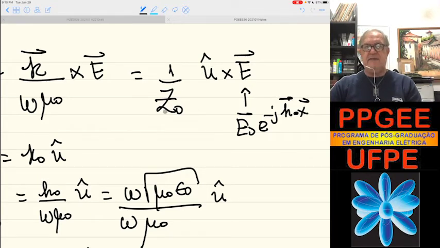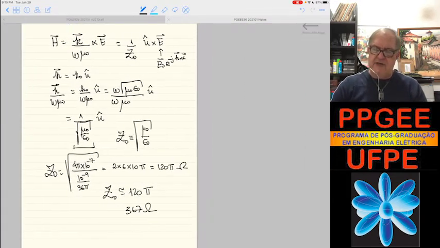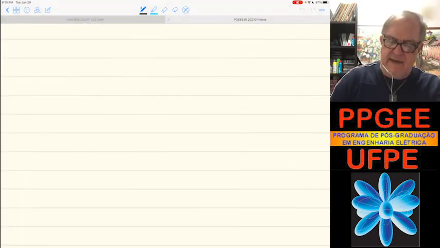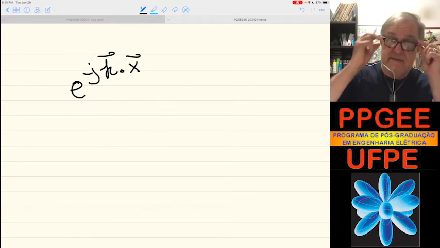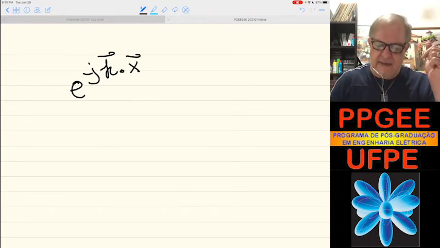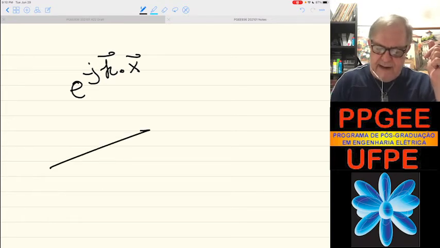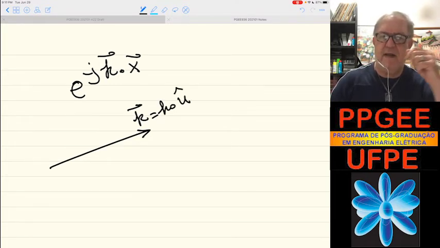Divided by the impedance, it's going to be amps per meter. It's going to be the H field. Something I didn't mention: what is the meaning of the factor minus jk dot x? Well, that means a wave that propagates along the direction of k equals k0 times u.